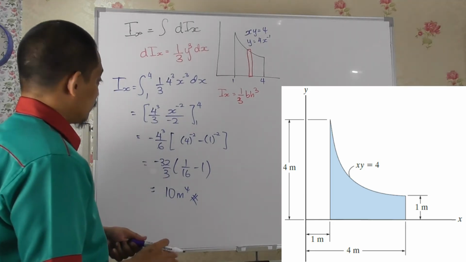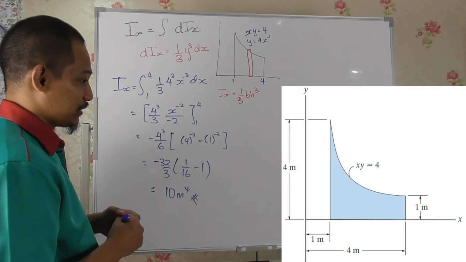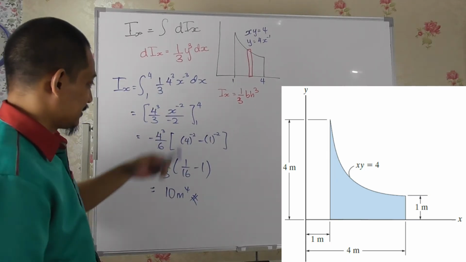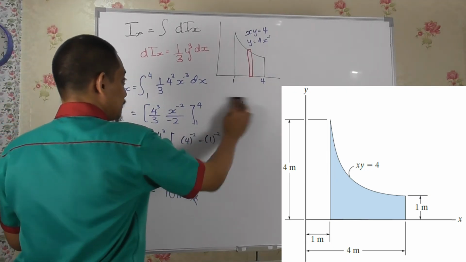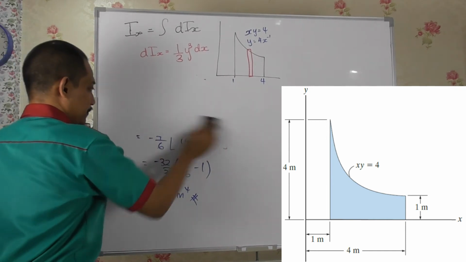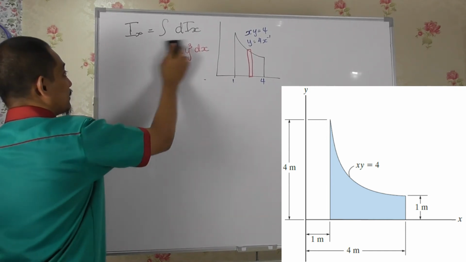Okay, next question. What about Iy using vertical element? The element is the same, however we are now calculating for Iy. So obviously the equation is different.